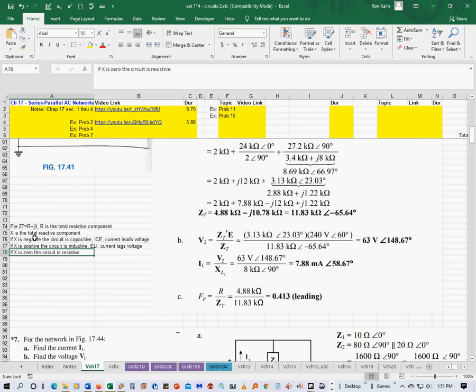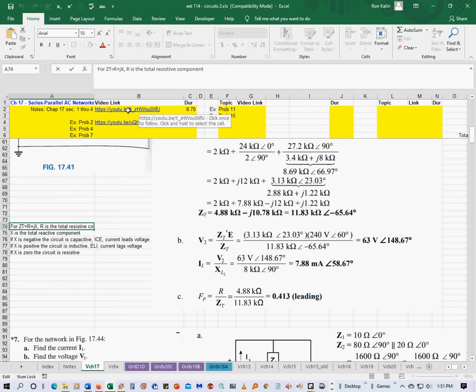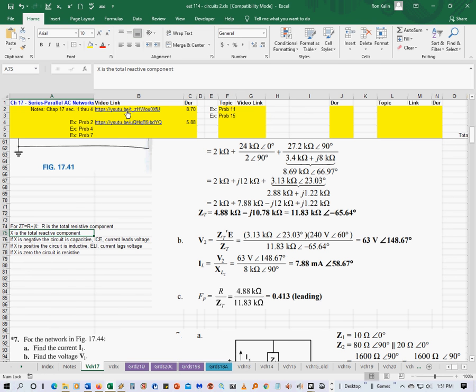I wrote some notes here. The total impedance Z sub T equals R plus JX. R is the total resistive component. X is the total reactive component. If X is negative, the circuit is capacitive, or ICE, so the current leads the voltage.